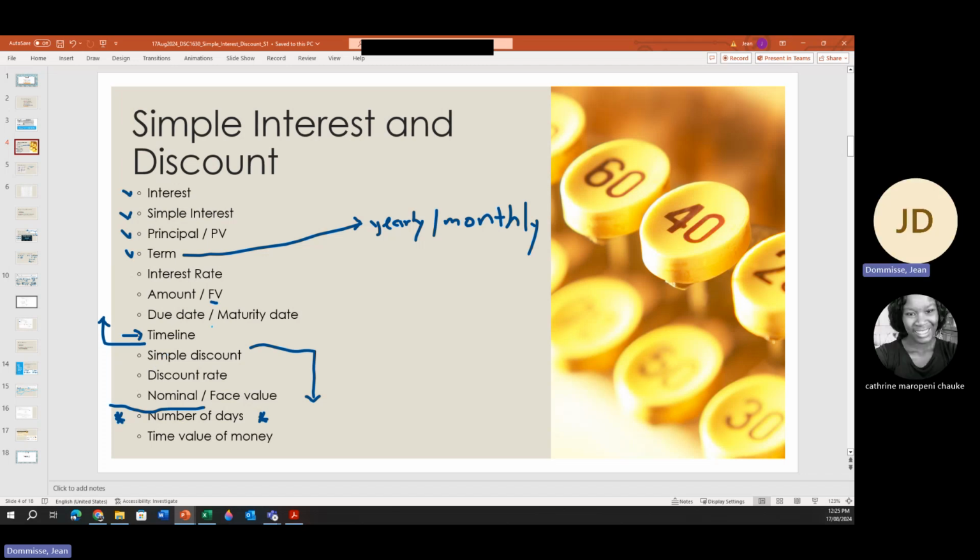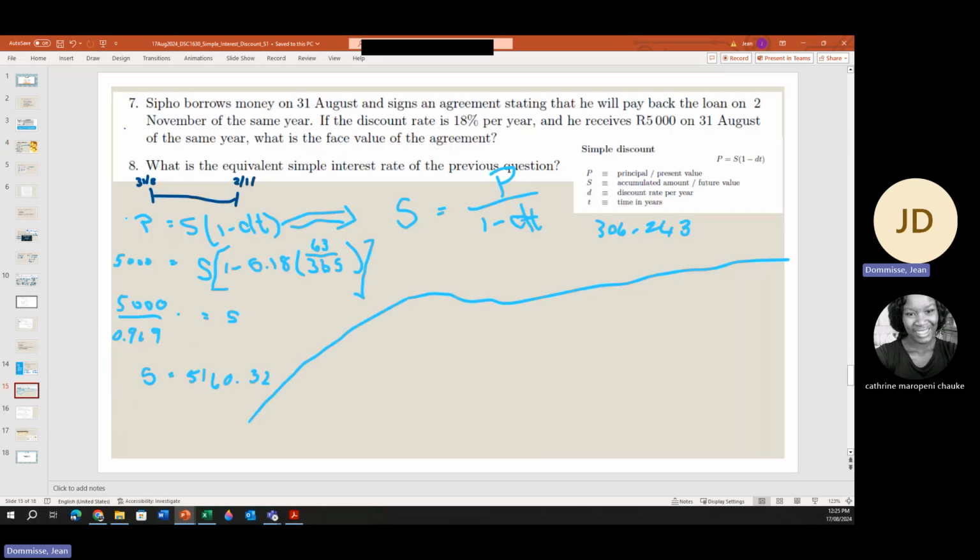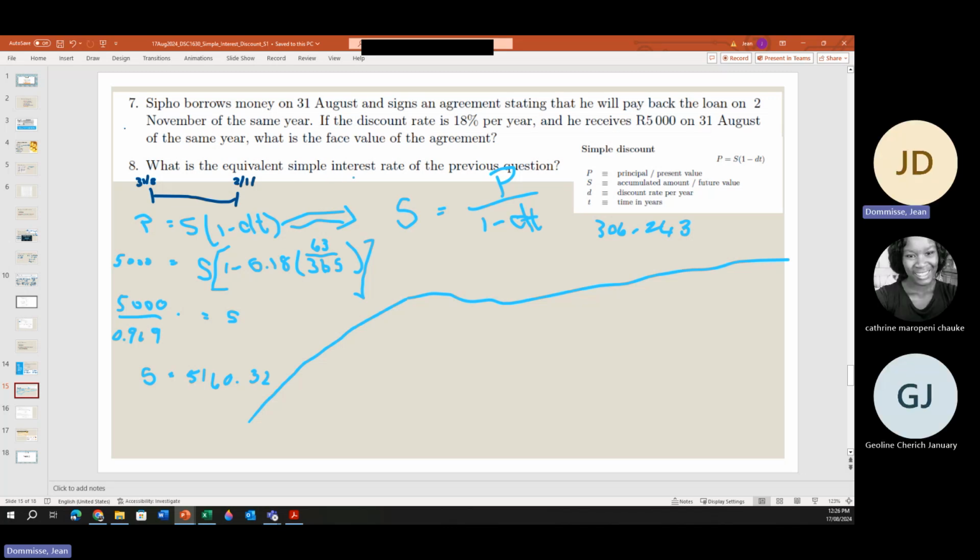The last one that I want to show you is when you need to change the simple discount rate into the simple interest rate. That is very important, to change one rate into another.